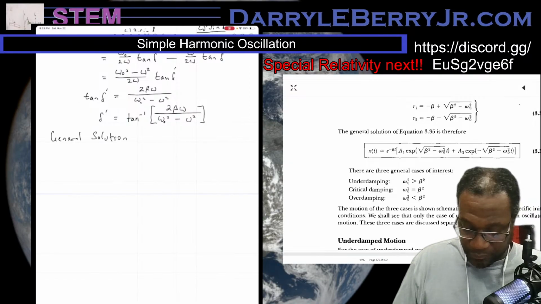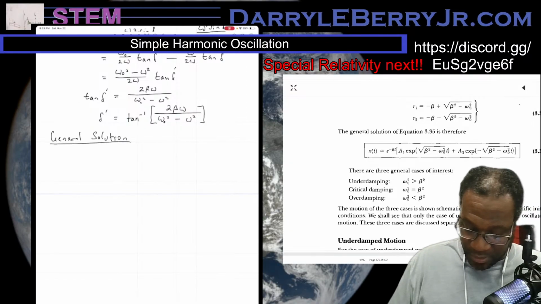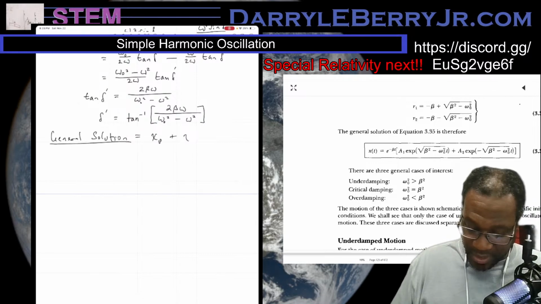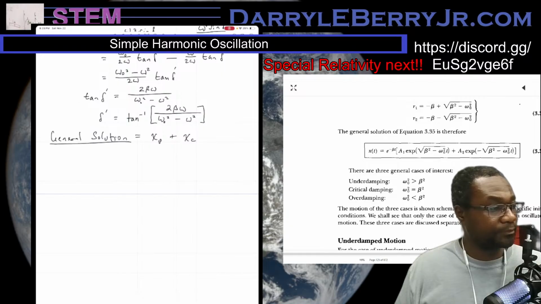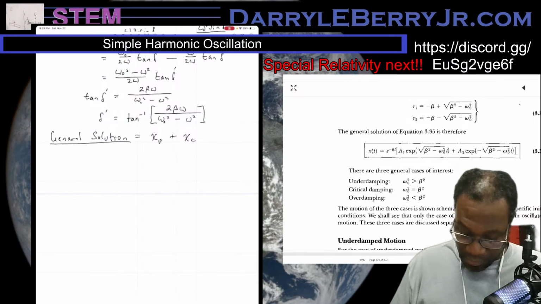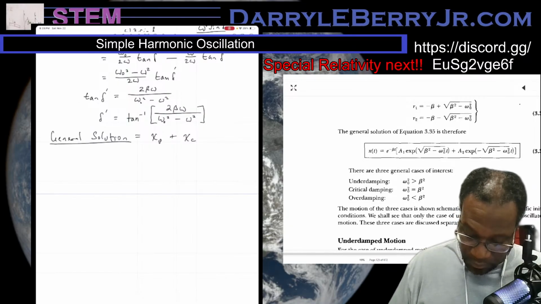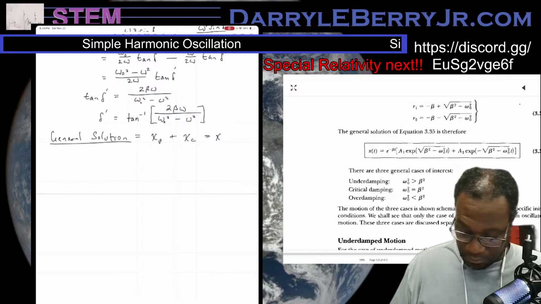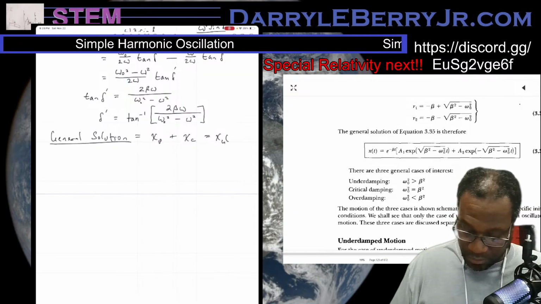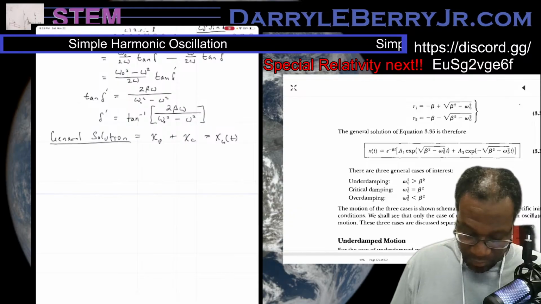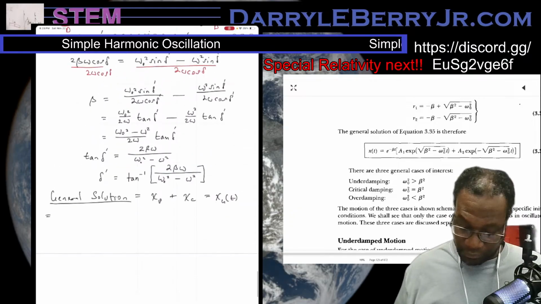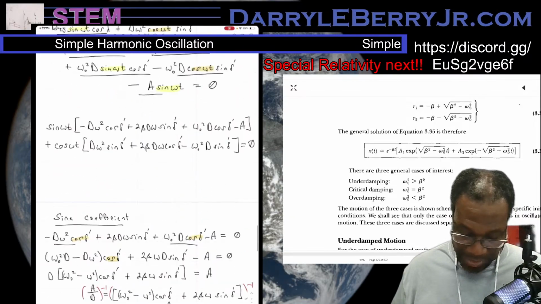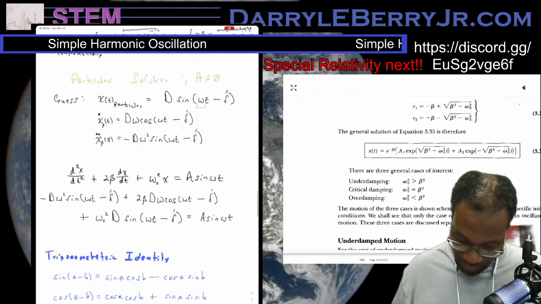So the general solution is going to be x particular plus x complementary, so it's going to be x_g(t). Right. So this equals the general solution with the complementary solution.